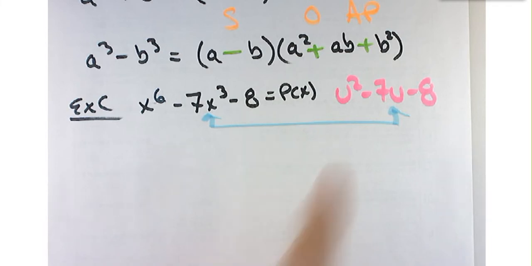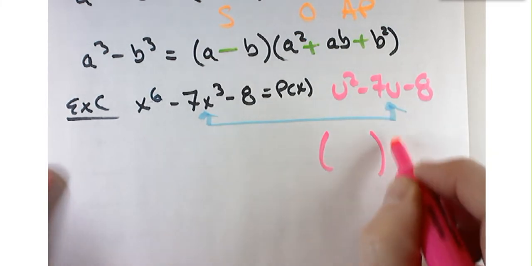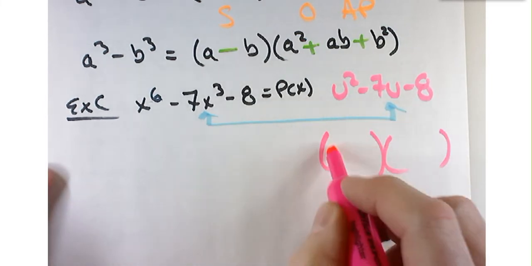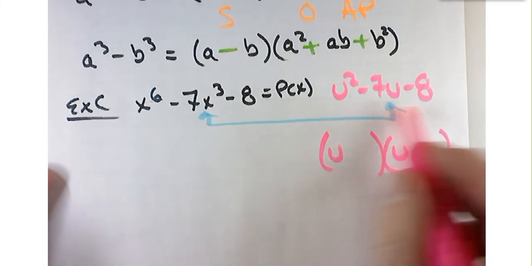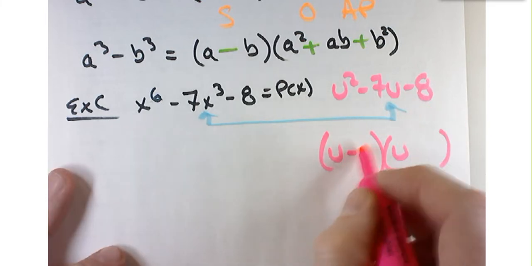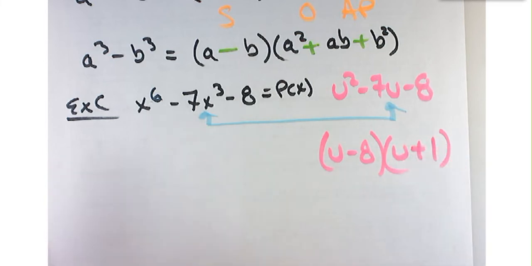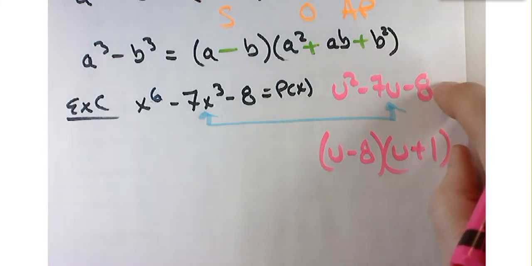But maybe now we can factor this. Let's factor the easier problem. That's going to be a u and a u. How's this going to factor? Minus 8. u plus 1? And plus 1. Beautiful. That's how this factored.